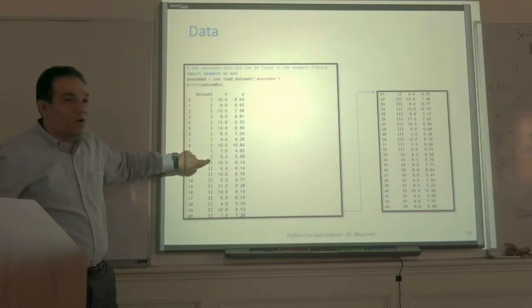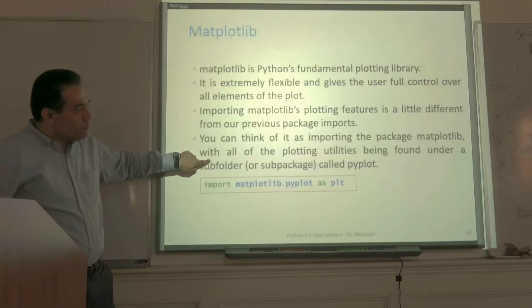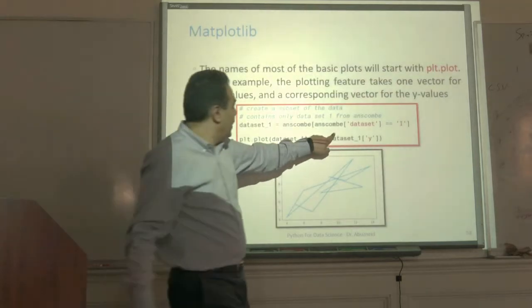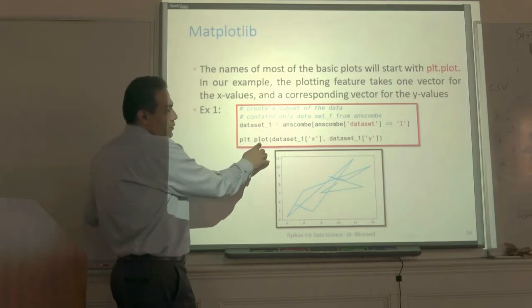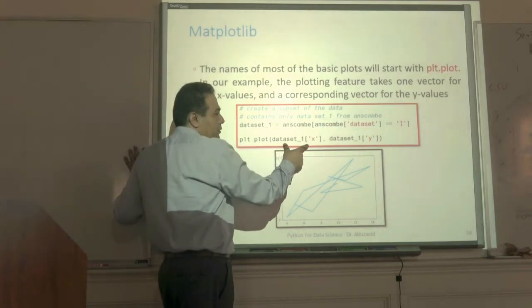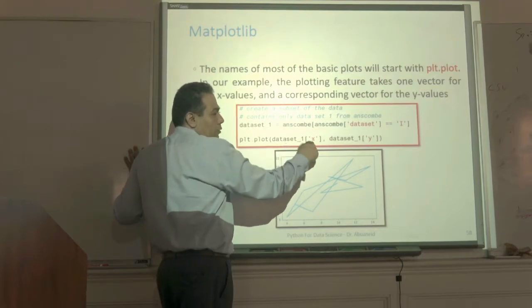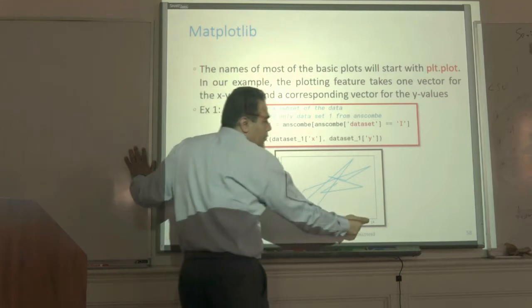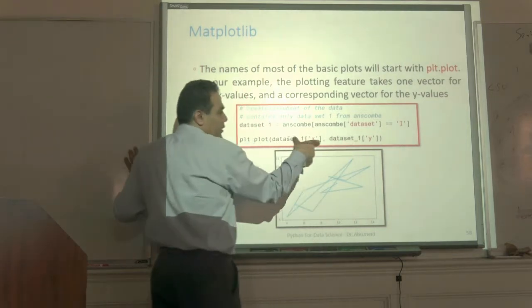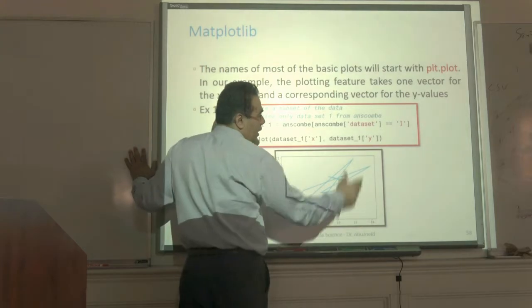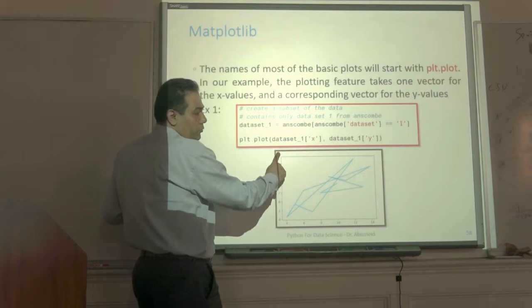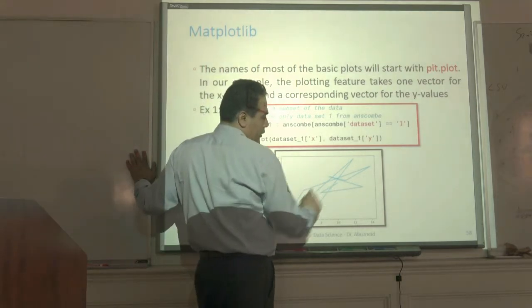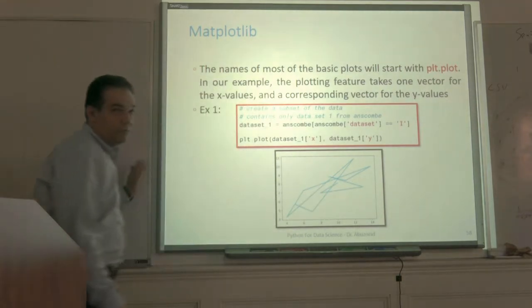The dataset is number 1, right? And plt, which is a shortcut for the library, plot. What I'm plotting is the dataset, of x, and then here I have the y. By default, it will draw a continuous line. So that was the figure.